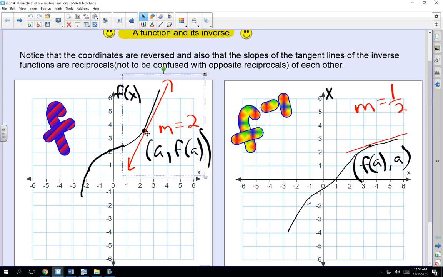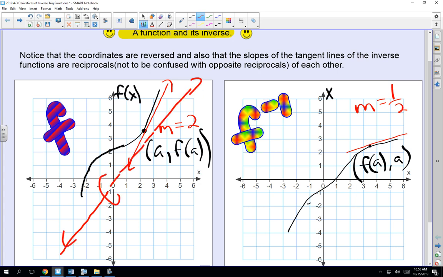Now, if I were to draw f inverse for this, remember, f inverse is just a reflection over the line y = x. So here's the line y = x coming through here. If I reflect or flip that over the line y = x, I get this curve right here.